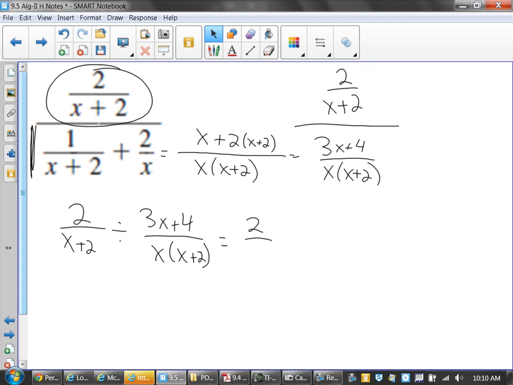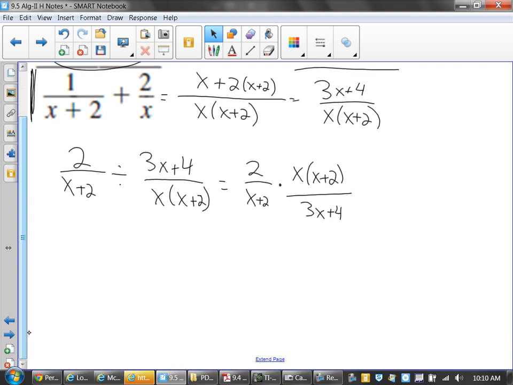So we have 2 over x plus 2, and can anything simplify? The x plus 2's can go away. And I'm allowed to do this again because it's all multiplication.